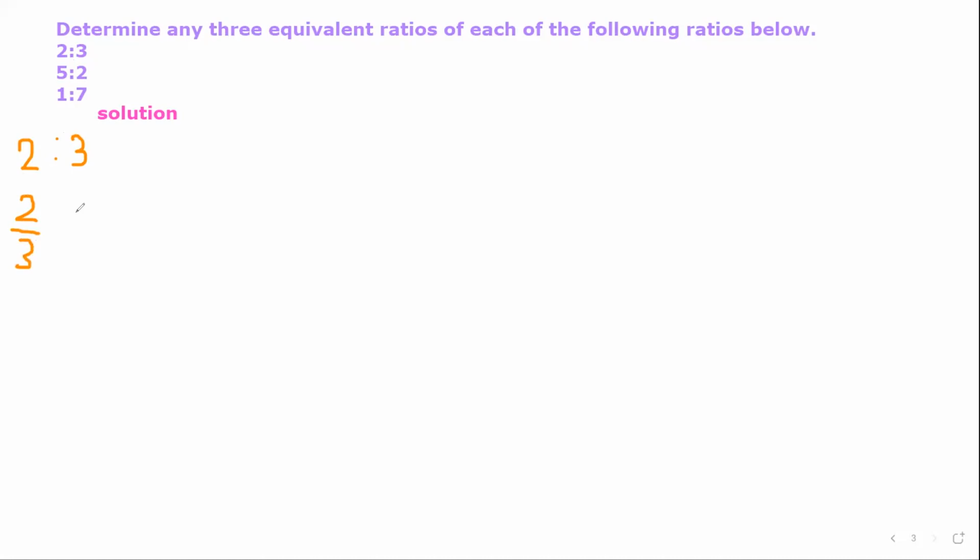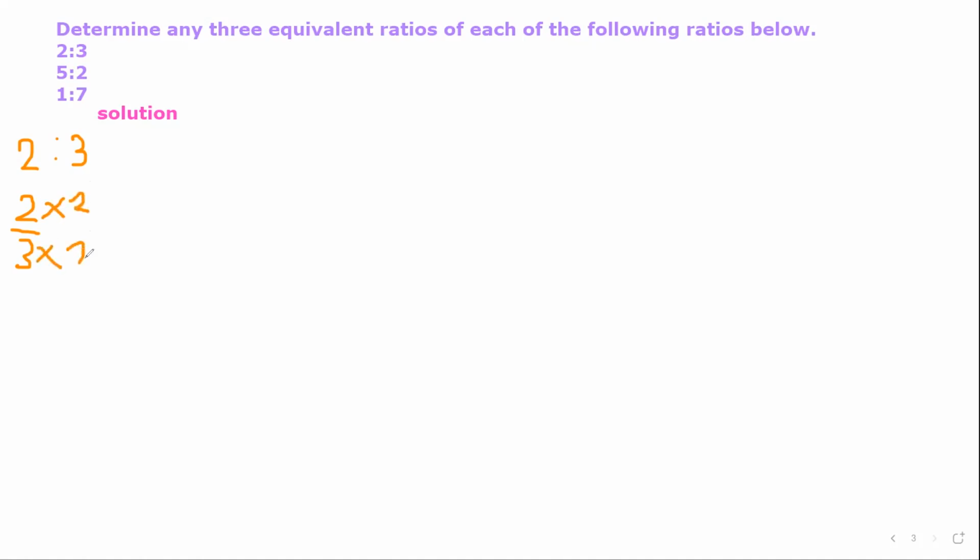Then you take any counting number starting from 2. You choose any of them to multiply both the numerator and the denominator of this fraction to get equivalent fractions of 2 to 3. So I will start with 2 because when you multiply by 1, you still get the same number. So we start with 2, multiply here by 2, multiply here by 2, okay?